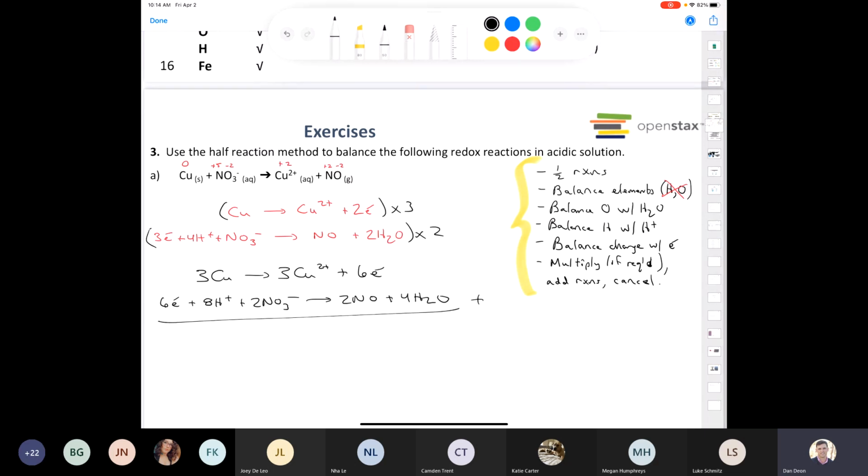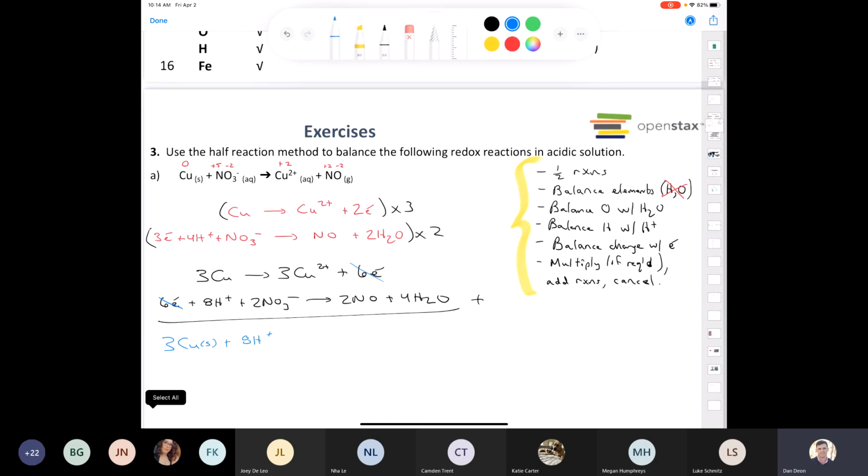And now I'm just going to tally those up. Look at this. It's a beautiful thing. My 6 electrons cancel out on each side. Nothing else cancels. And so I put that all together and I get 3 copper. And now I'm going to put in my phases of matter because, you know, we should.